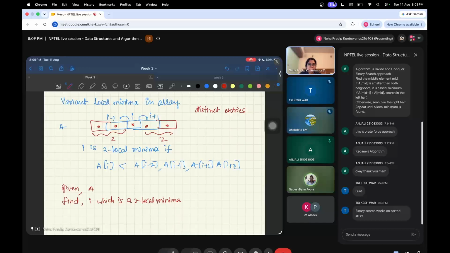And time complexity will be order n only, yeah? If you scan once, it is order n. But if we modify the previous algorithm, can you do it in order log n?